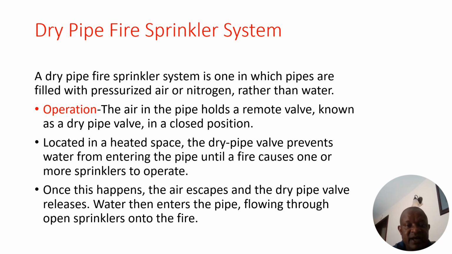The dry pipe valve prevents water from entering the pipe until a fire causes one or more sprinklers to operate. Once this happens, the air escapes and the dry pipe valve releases. Water then enters the pipe, flowing through the open sprinkler onto the fire.